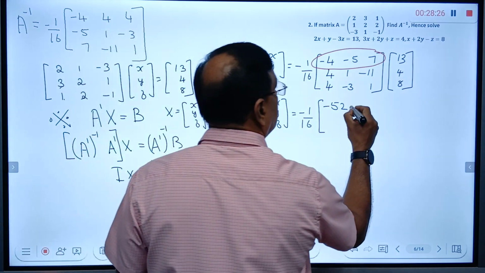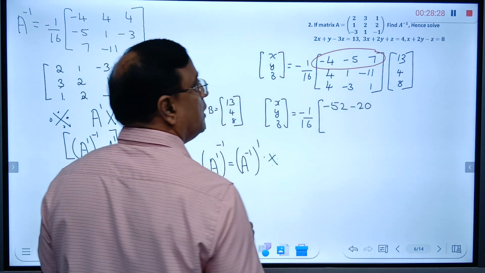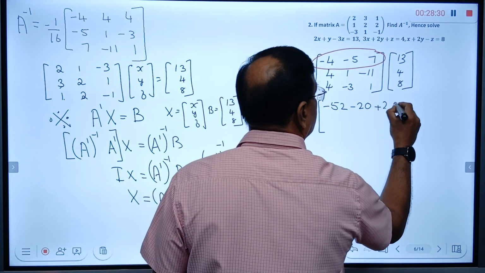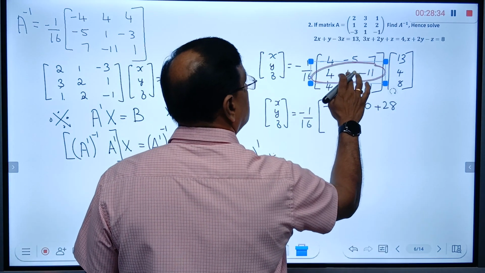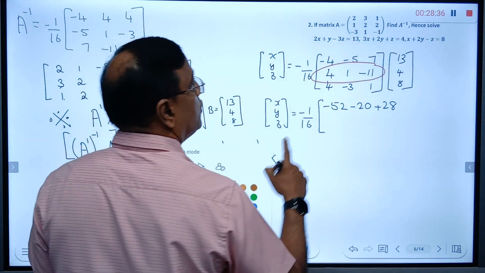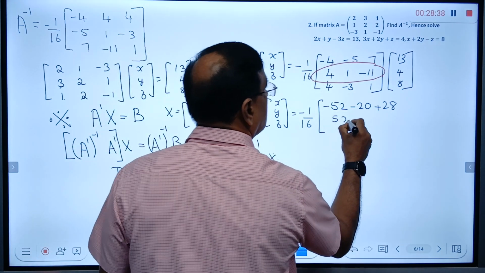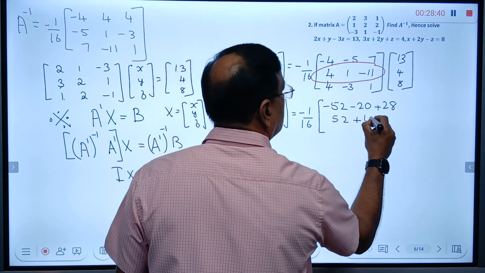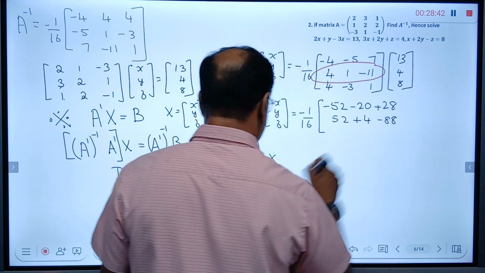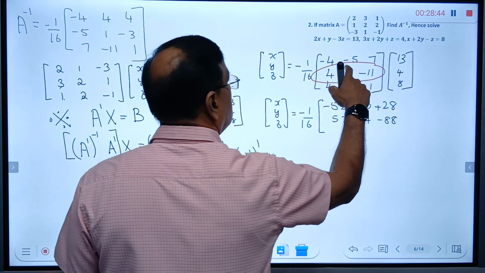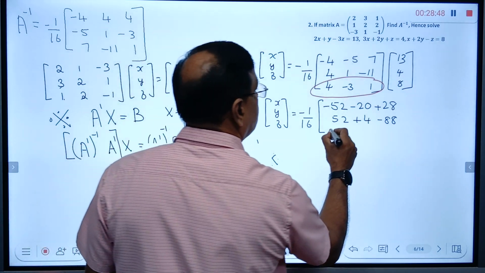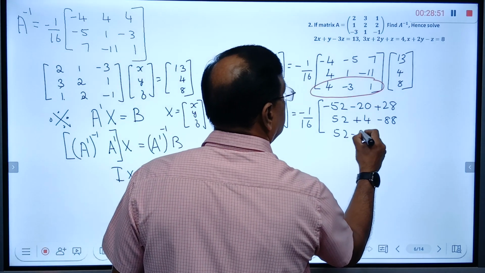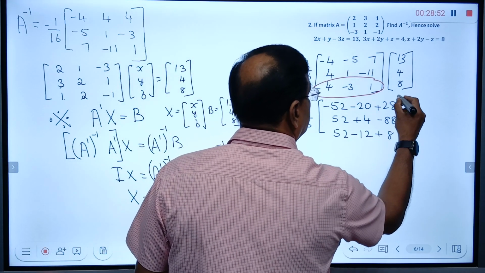Okay, then this is minus 20 and plus 28. Now go to the next row. What do you get? 4 into this is 52 plus 4 minus 88. Now go to the third row. This is 52 minus 12 plus 8.